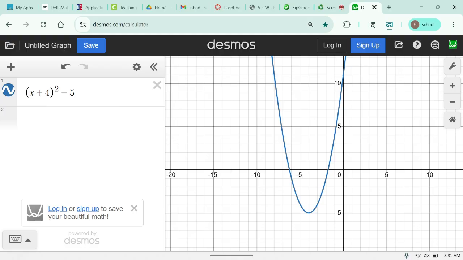So once you find all the key features, just stop. Guys, base that on the minimum value, remember, which is the y value of the vertex.